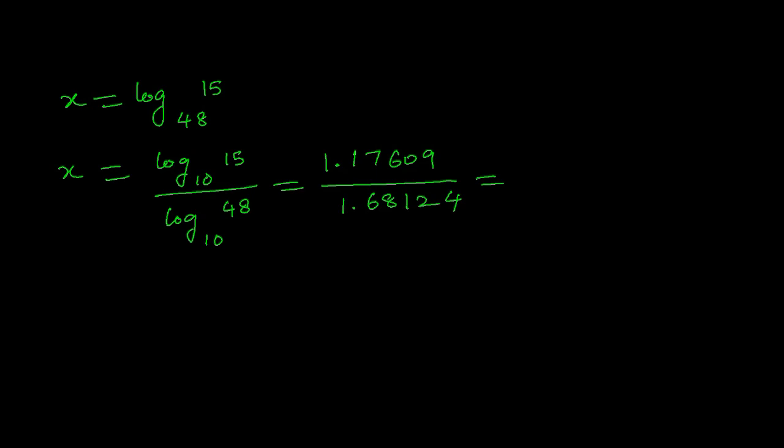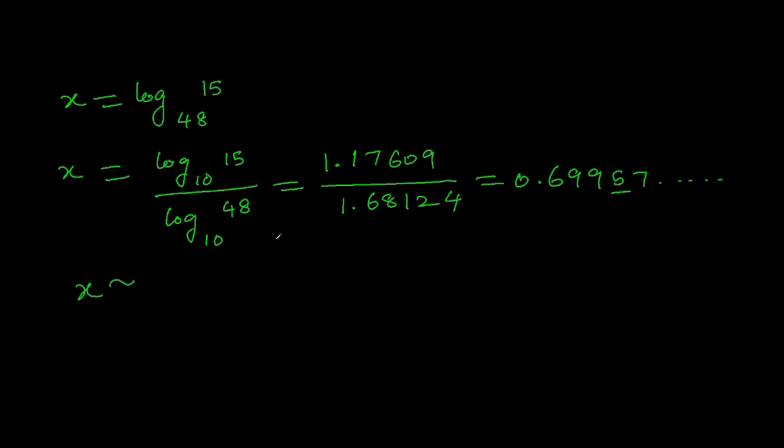Dividing, I am using the calculator friends, 1.17609 divided by 1.68124, gives 0.699537 and so on. So the approximate value, rounding to 4 decimal places according to the instruction: look at the 5th digit.